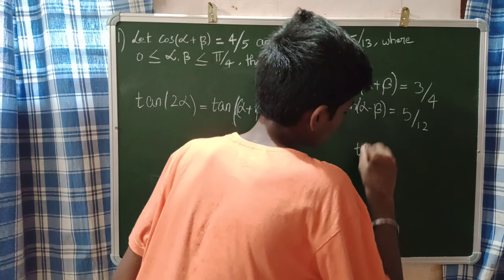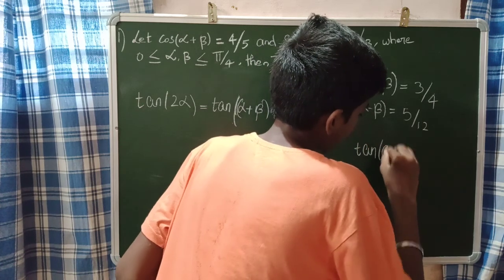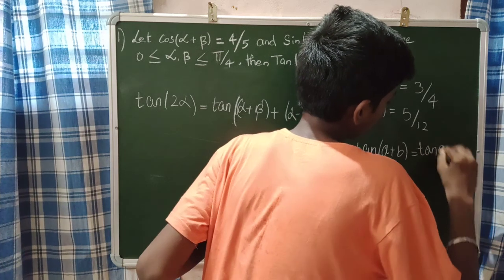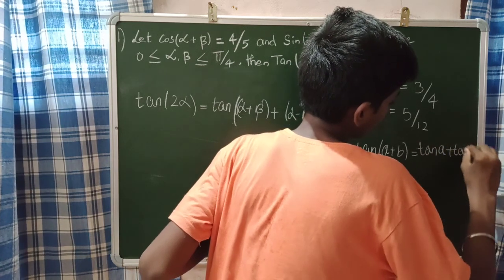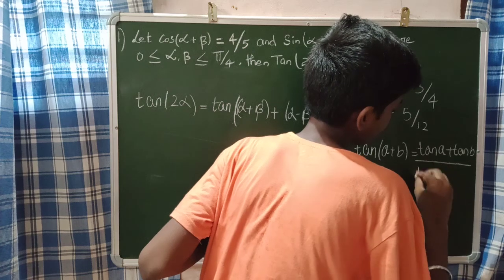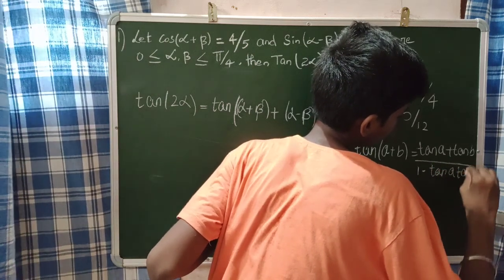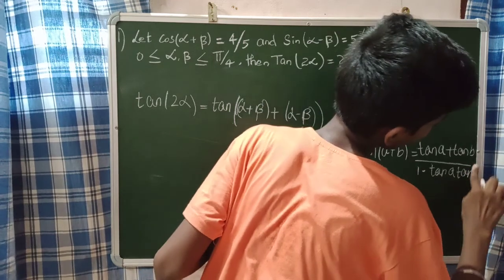What is the tan of A plus B formula? Tan of A plus B is equal to tan A plus tan B divided by 1 minus tan A tan B. This is what the tan of A plus B formula says.